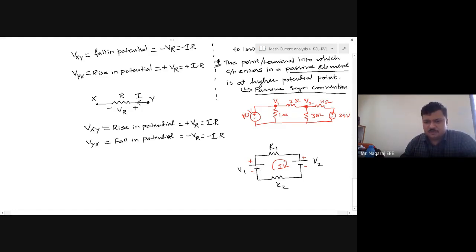Now with this direction of current, I want to assign polarities to R1. Let me take terminal A and terminal B, and for R2 terminal X and terminal Y. What will be the polarity of terminal A of R1 with respect to the direction of current?